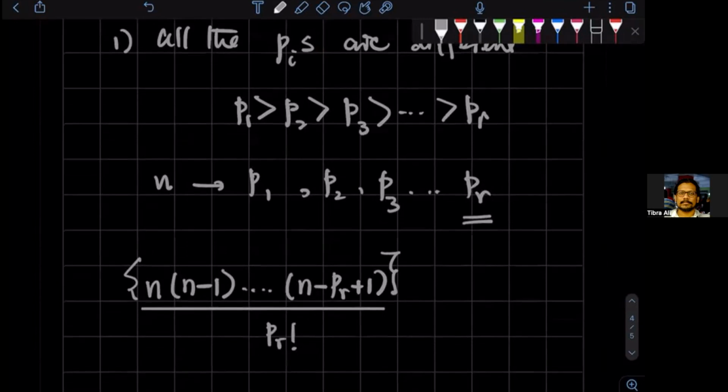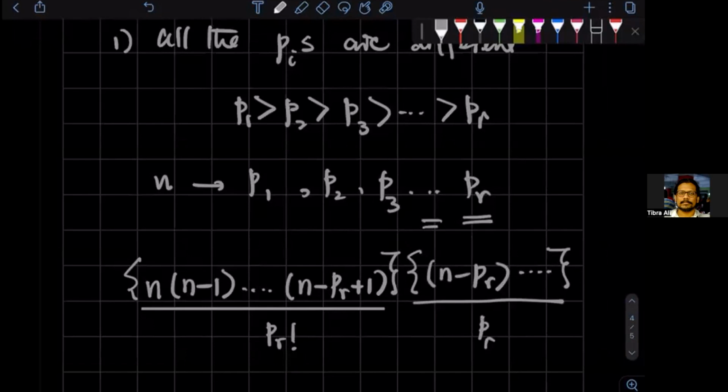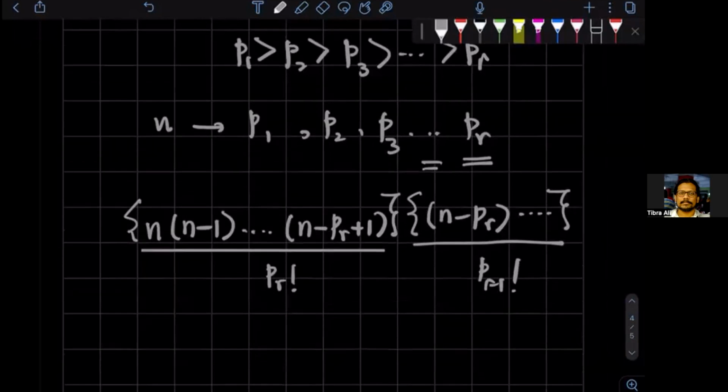Then we move on to the next one, where you can choose the first object in n minus PR ways, and then you go down like that until the size, and then you divide it by PR minus 1 factorial, and you continue doing that until you are down to only one object.